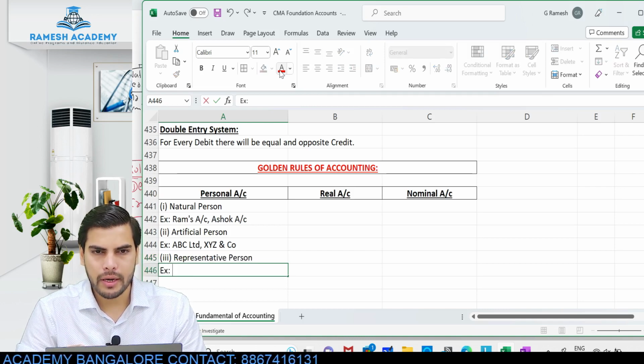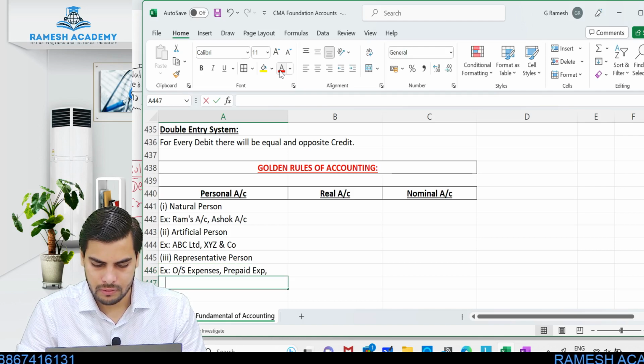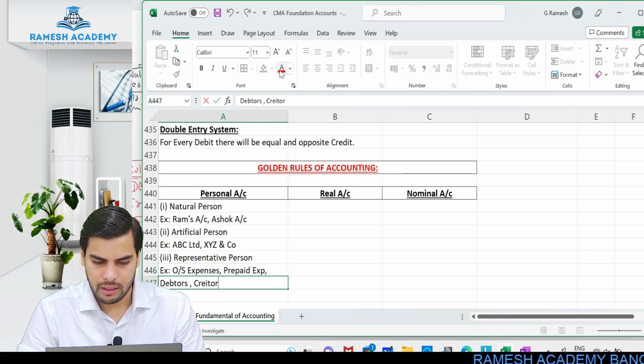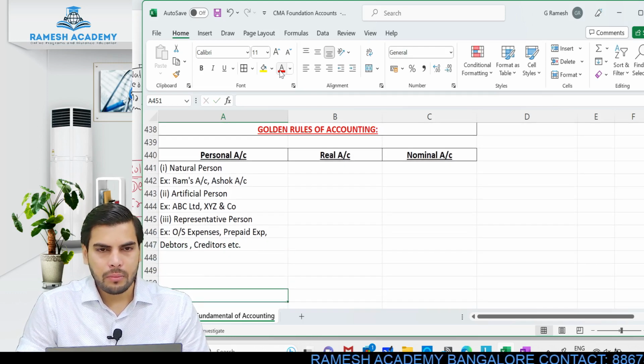All your outstanding expenses and prepaid expenses will be categorized like this: outstanding expenses, prepaid expenses, debtors, creditors, etc. Clear? Clear about personal account?